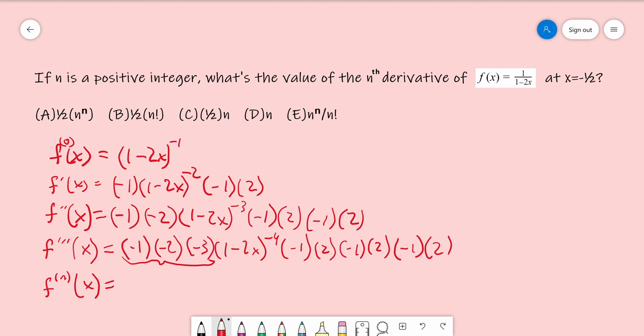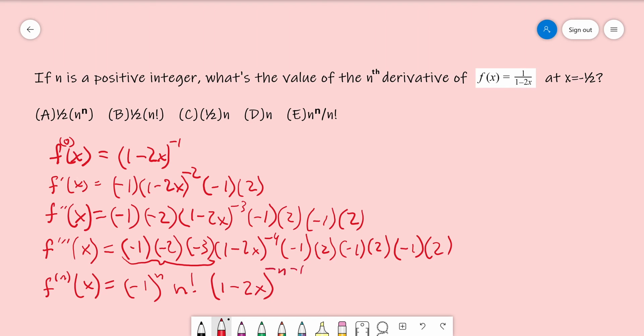So that's the same thing as, if we collect all the negatives, negative 1 to the nth power times n factorial. 1 times 2 times 3. And that's just going to keep going because you have a 4 coming down the next time, and then a 5. So there's going to be an n factorial there. And then here we're going to have a 1 minus 2x to the negative n minus 1.